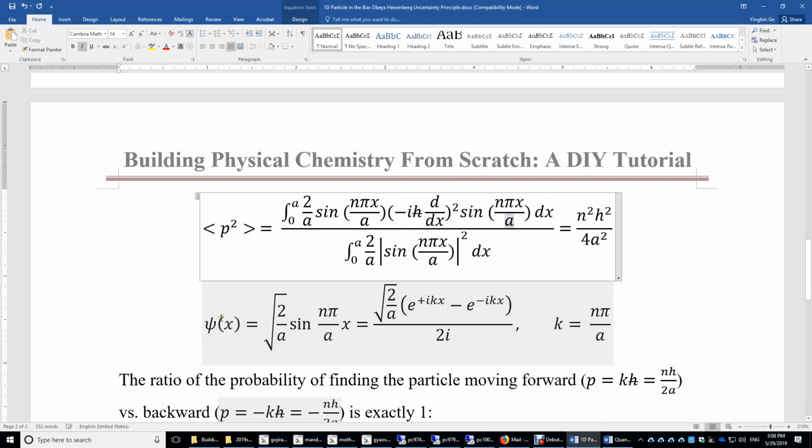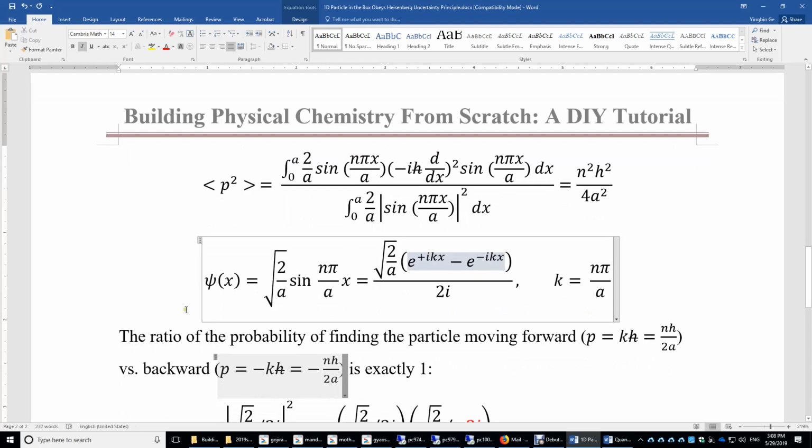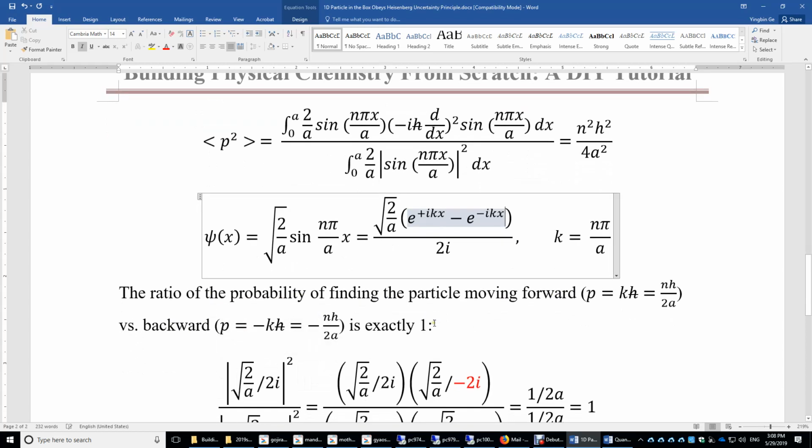And because the wave function can be expressed as a linear combination of two eigenfunctions of the momentum operator, e to the power of plus ikx and e to the power of minus ikx, where k is n pi over a, we can compute the ratio of the probability of finding the particle moving forward versus backward, and the ratio is exactly 1.